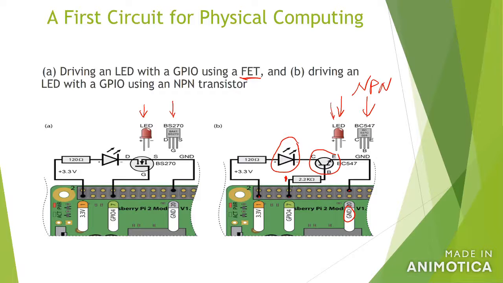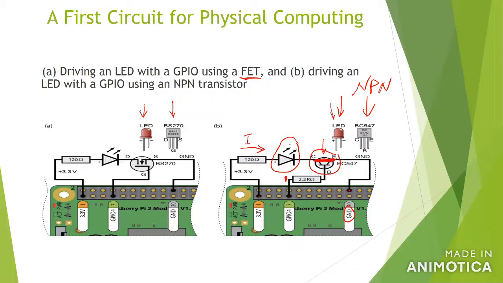When you have a logic 1, this logic 1 will make this transistor saturated. When the transistor is saturated, C to E is connected. So when you have a direct connection from C to E, you can see this 3.3 volts can flow through the resistor, through the LED, and go to the ground. That will make a current.